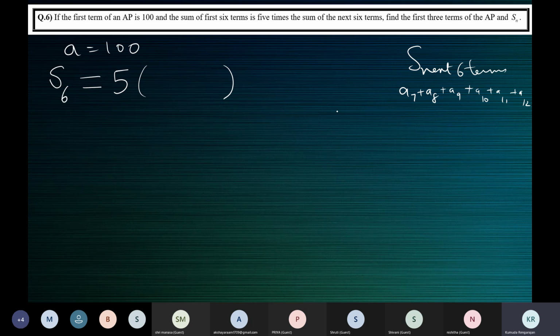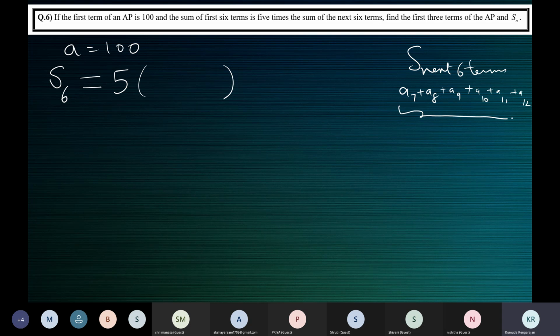Because the first 6 terms mean A1 to A6. The next 6 terms are A7, A8, A9, A10, A11, A12. So this is what is meant by the next 6 terms.